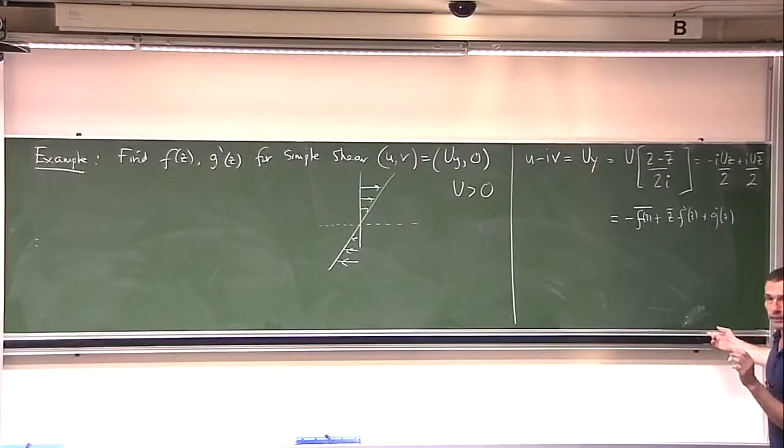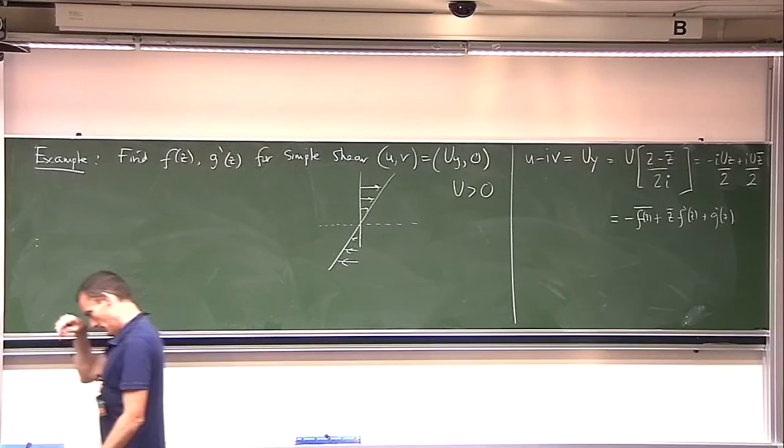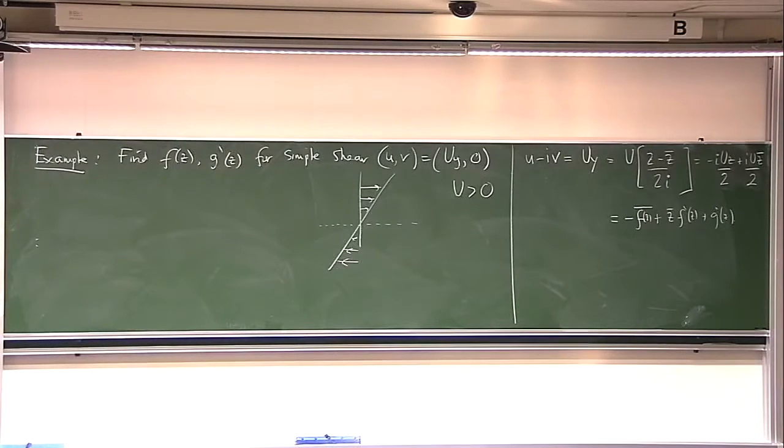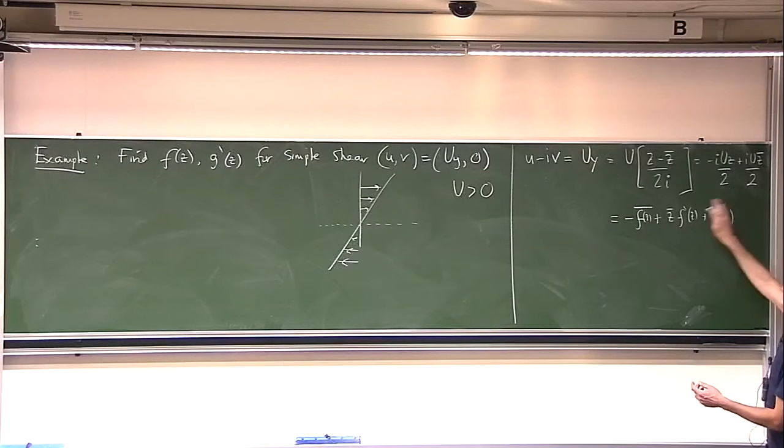So we need to identify F and G. Can anybody tell me what either of them are? We've got to equate this with this and identify F and G prime.